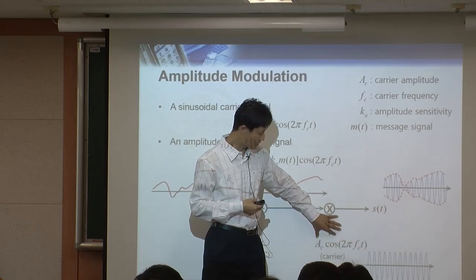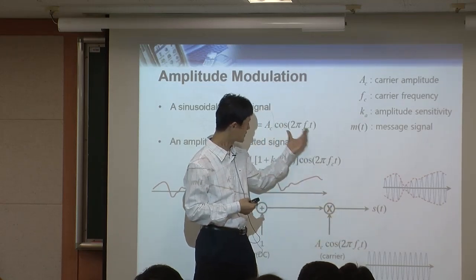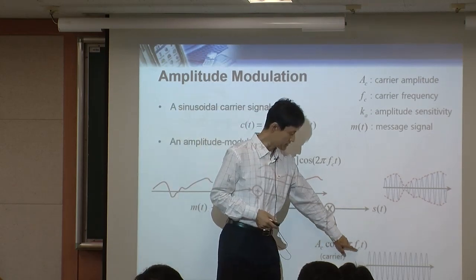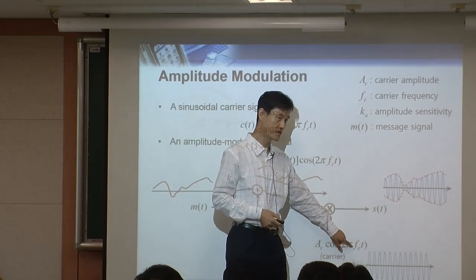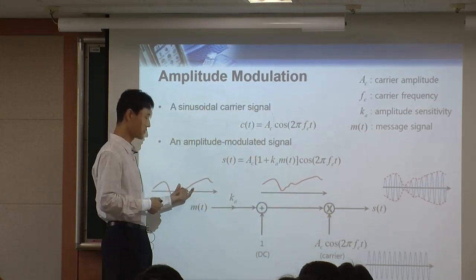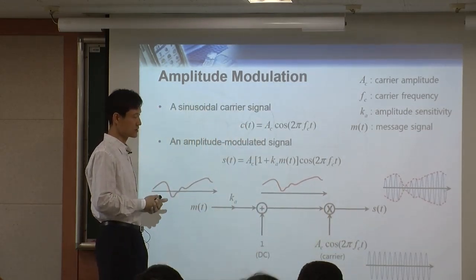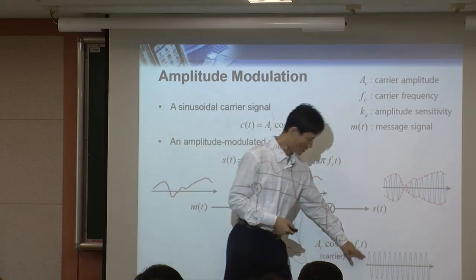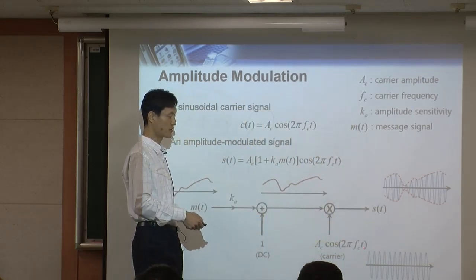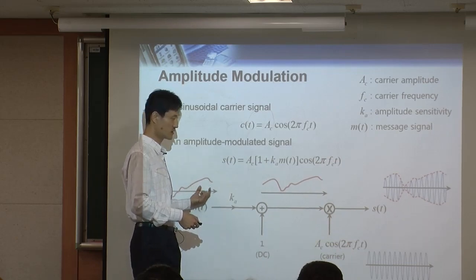Now it's time to multiply by the carrier. And the carrier is the same carrier that we are using here. And remember, this carrier has its own carrier frequency, and this frequency is very fast, much, much faster than the frequency in the message. It's a very high frequency compared to your message.